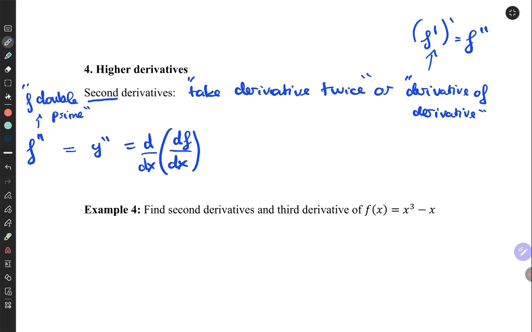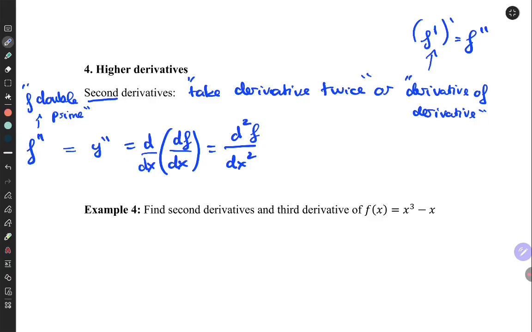Derivative of derivative, a bunch of them connected by the letter d. But usually we write in short like this: d squared f over dx squared.